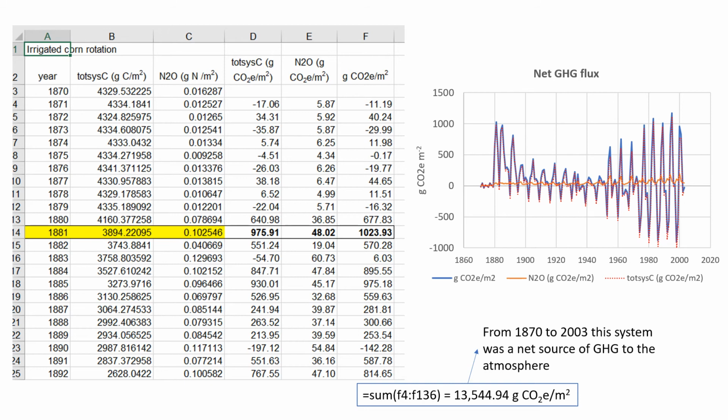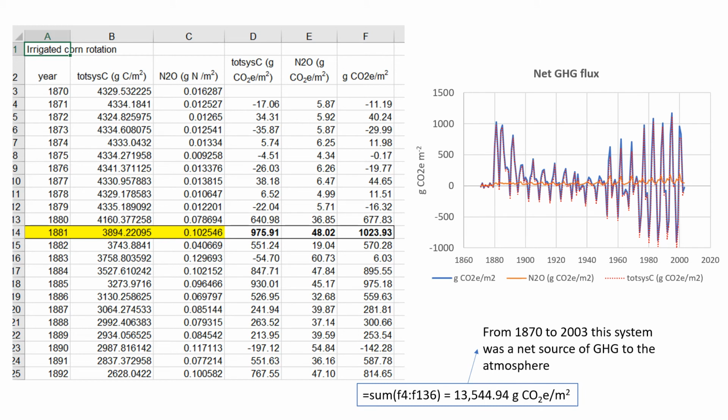And so if you add up all the numbers in column F at the very bottom where the numbers stop, I computed in my spreadsheet 13,544. Your number for your homework will be slightly different because I think your homework starts in 1860 or so, but it should be close.